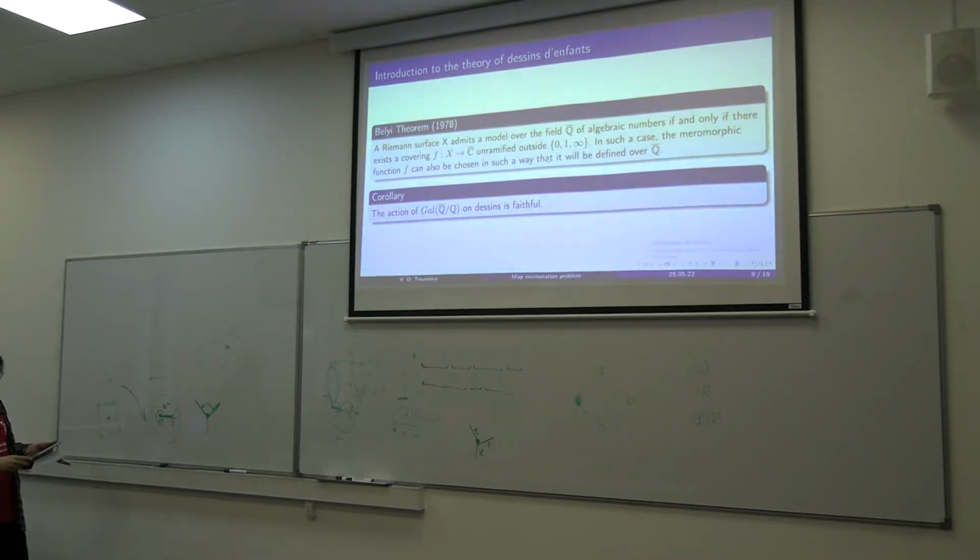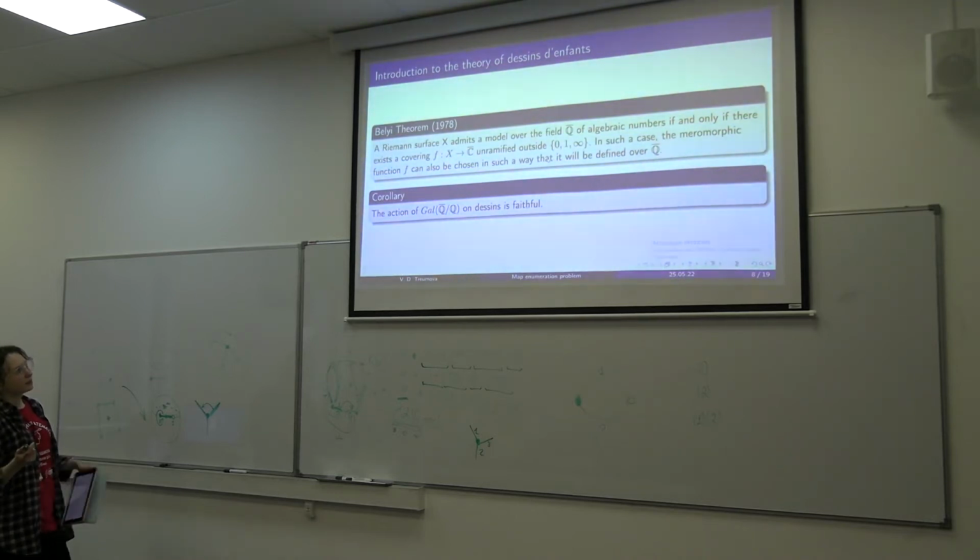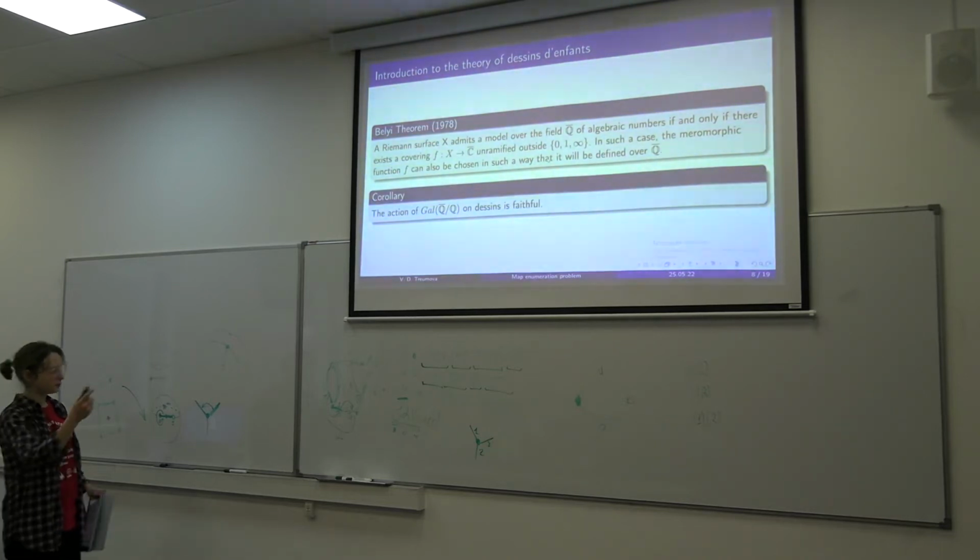And I want to mention that the important thing here is that we can choose f to be defined over this field. Not all functions f are defined over this field.